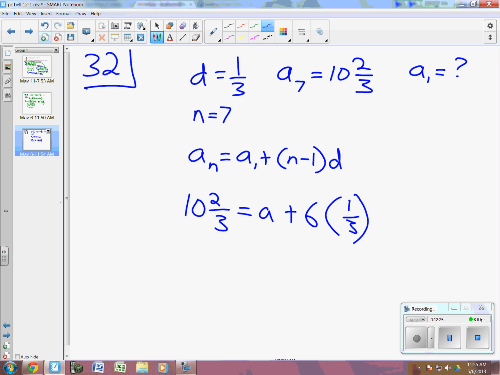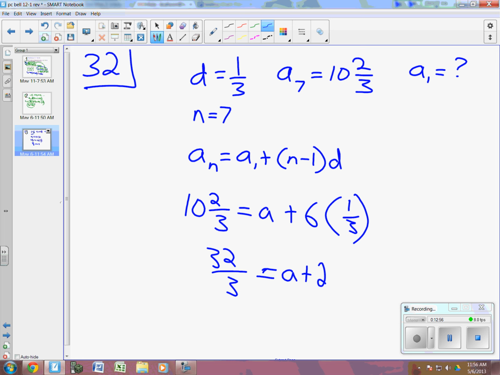yeah. Now you understand? Okay. What's 6 times 1/3, you guys? 2. And by the way, remember how to change a mixed number to an improper fraction? Three times 10 is 30 plus 2 is 32/3 plus, equals a plus 2, right?